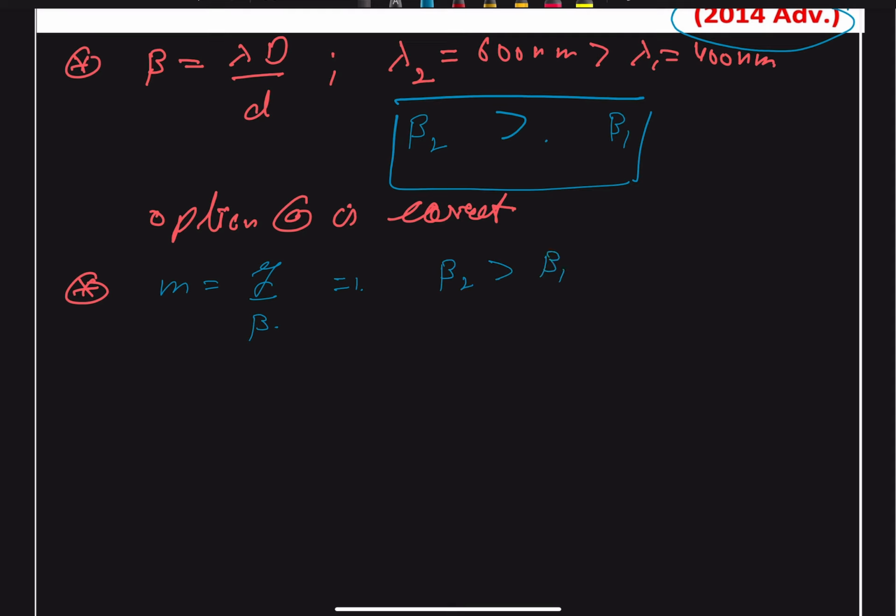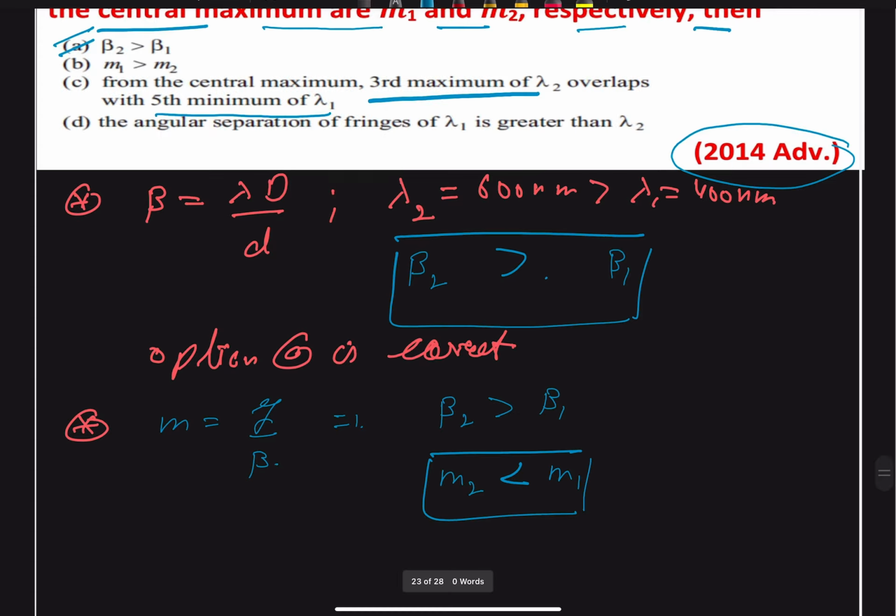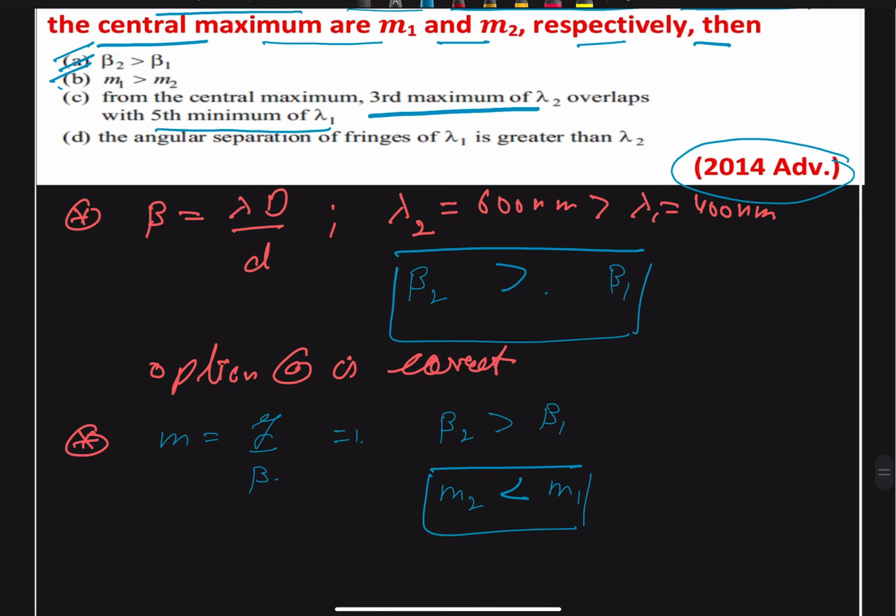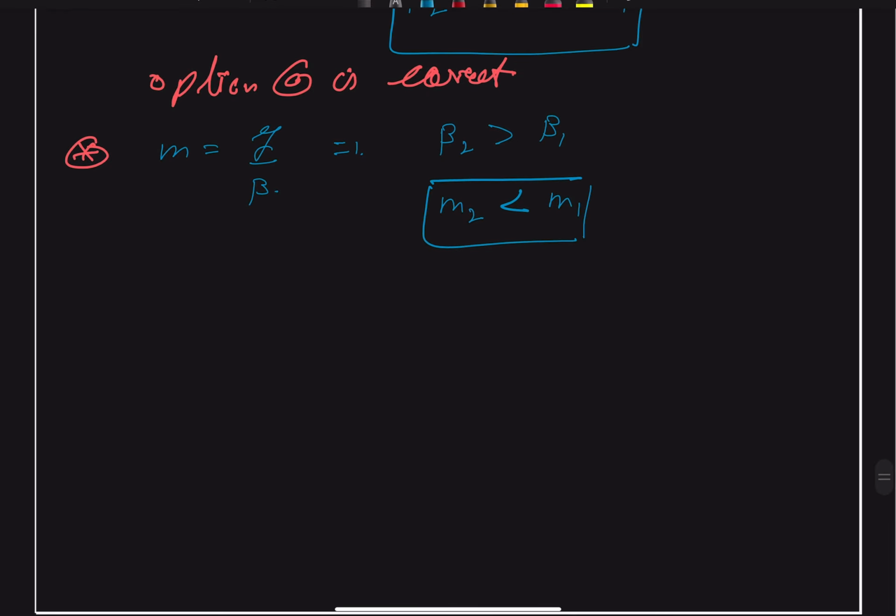So beta 2 corresponds to m2 and beta 1 corresponds to m1. Because there is an inverse relationship, m1 will be greater than m2. So option B is also correct.